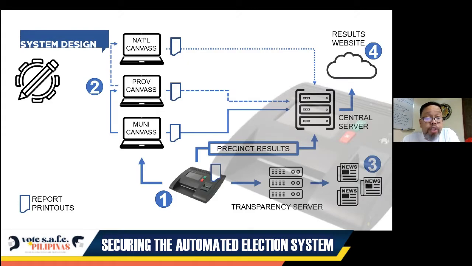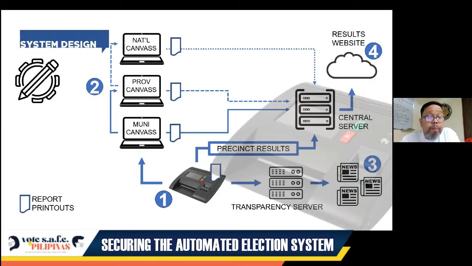All of these transmissions are in near real time and almost simultaneous. At the same time, the machine itself prints out a paper receipt. This allows observers who are at the polling place on election day to actually review the data coming from the VCM to make sure that it is accurate.